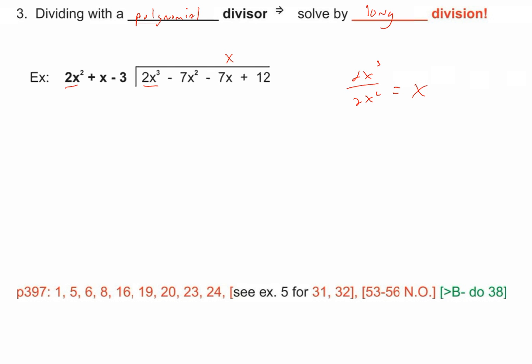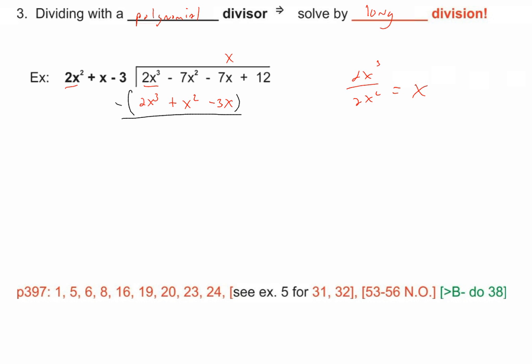Now I've got to distribute the 2x squared, the plus x, and the negative 3, right? So 2x squared times x, 2x cubed. Positive x times x, positive x squared. Negative 3 times x, negative 3x. And next I would subtract, right? Distributing that negative to all three terms.